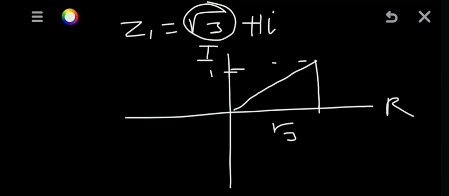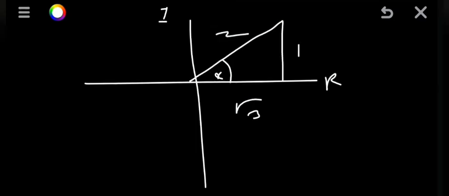Then here we draw a triangle, and a theta is formed at this point. Here we have 1, then here we have root of 3. This one is in the first quadrant, and in the first quadrant all ratios are positive. In the second quadrant sine is positive, in the third quadrant tan is positive, and in the fourth quadrant cos is positive.